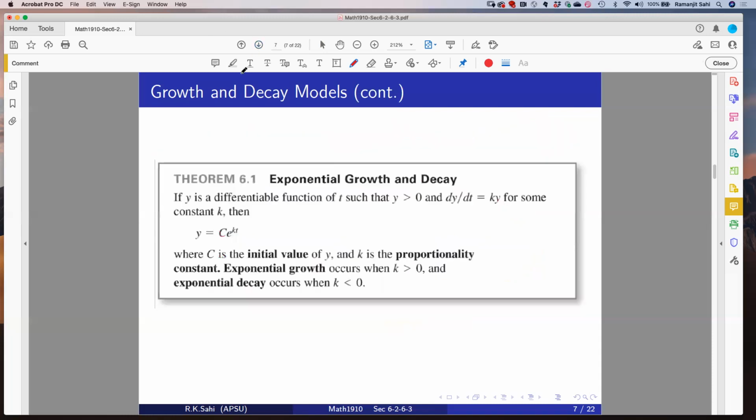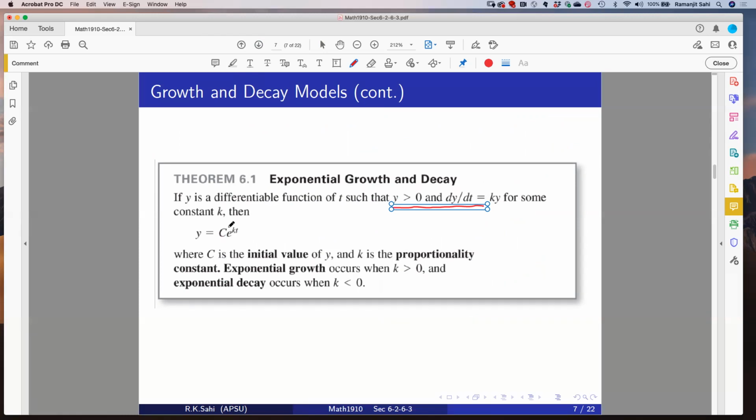And we have something called exponential growth and decay. If y is a differentiable function of time t, such that y is positive, and dy by dt is equal to ky, for some constant k, then y equals c e to the power kt, where c is a constant, the initial value of y. k is called the proportionality constant.